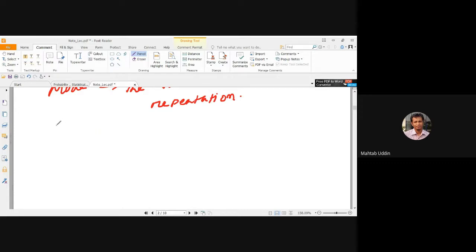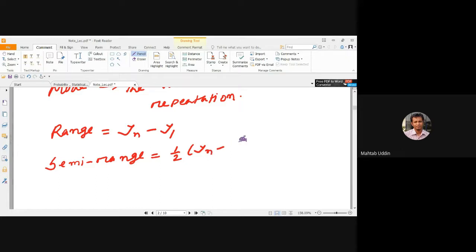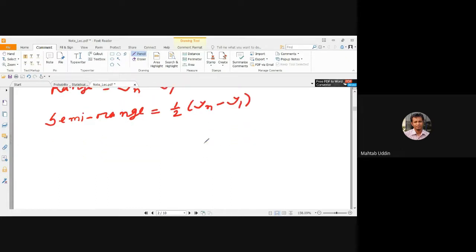Oh, I haven't written the range. What is the range? y_n minus y_1. This is the range. What is the semi-range? Range divided by 2. Okay, we'll find everything from the given example.